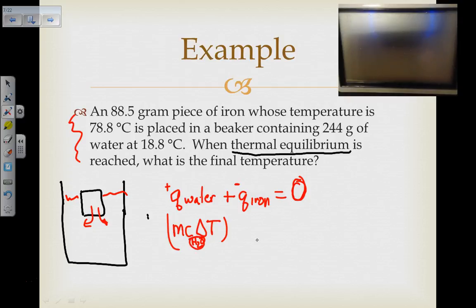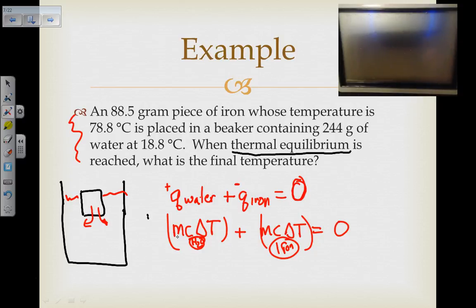Now plus the Q of the iron. So now this is going to be mc delta T, and all of this is going to be of the iron here. And when we figure all that out, that is all going to equal 0. So this is kind of the interesting way that chemistry can be reflected by a mathematical equation. The energy is being transferred from the iron block to the water, and we can do this.